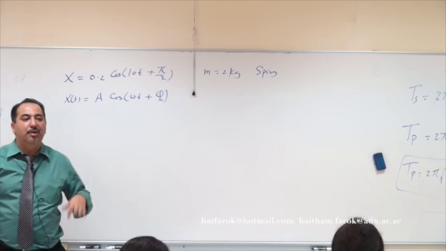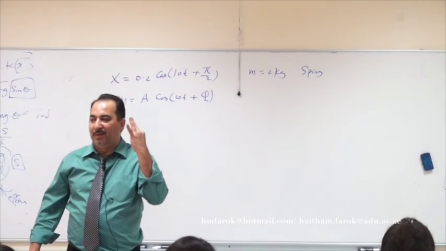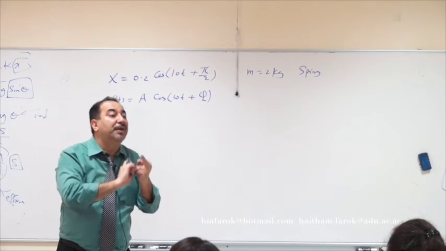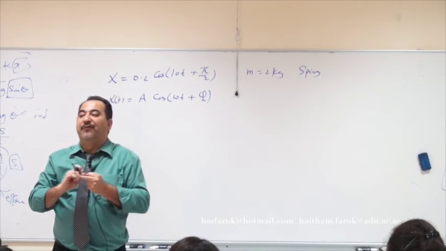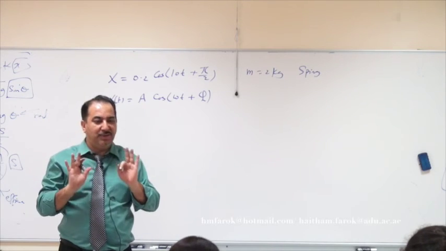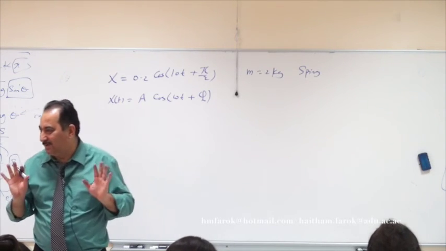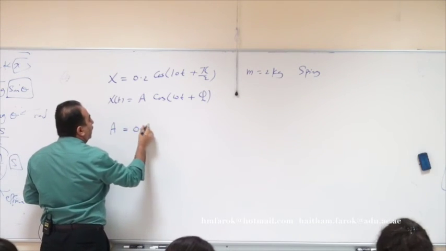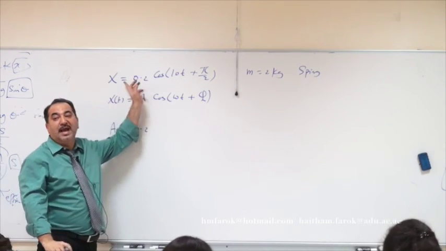Now, once you do that, you already know three things: the amplitude, angular frequency, and phase constant. You answered 3 questions before anyone asks you a question. So now, what's the amplitude? The unit depends on what x is measured in.